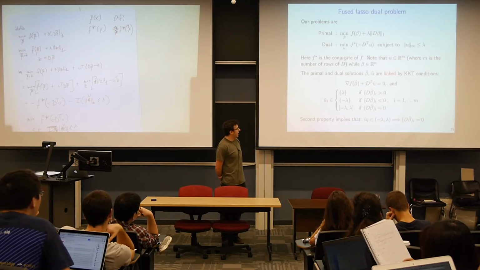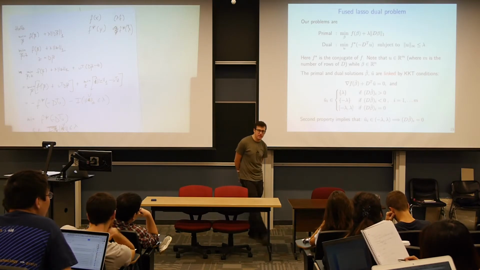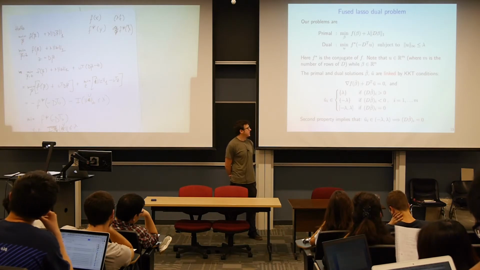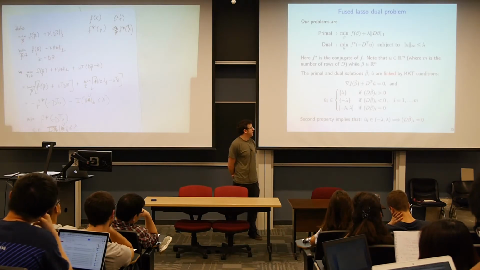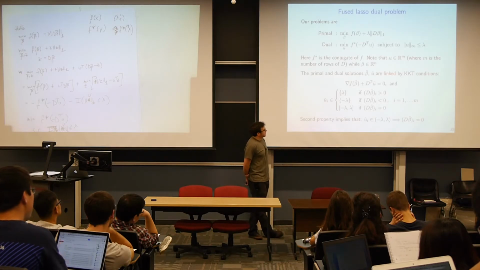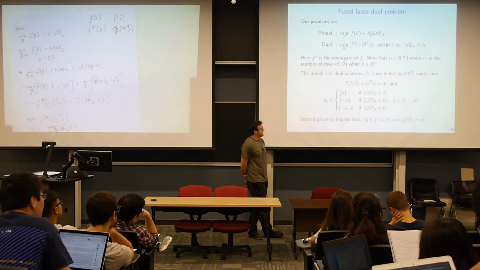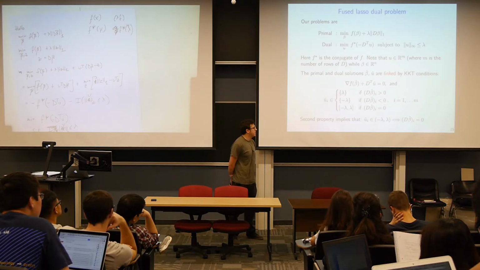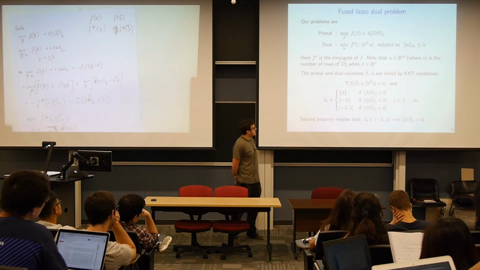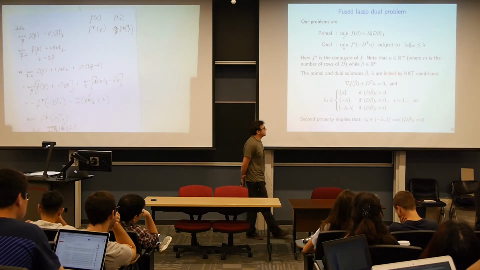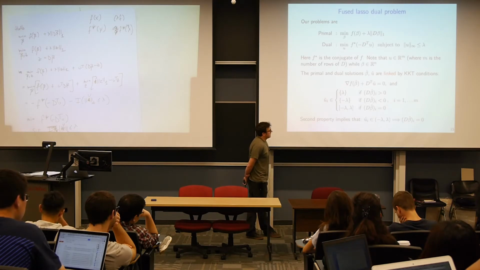Assuming we have a simple expression for the gradient of f evaluated at beta, we can recover the primal variable from the dual variable easily. And also, if we consider the subgradient of the Lagrangian with respect to z, we have further conditions on the dual variable u.